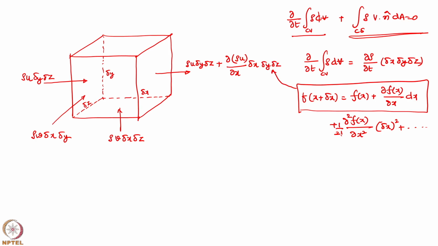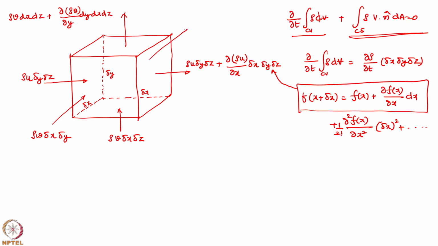That is for the x axis, flow rate in the x axis. Now, what about in the y axis? So, if you write in the y axis, you have rho v dx dz plus dou of rho v by dou y dy into dx dz.